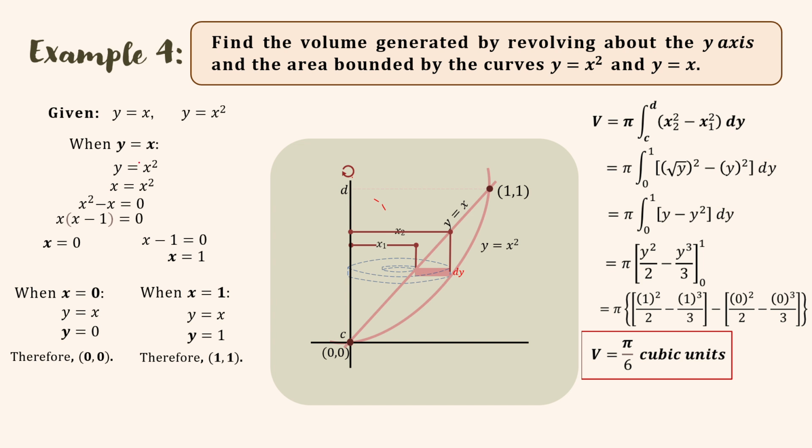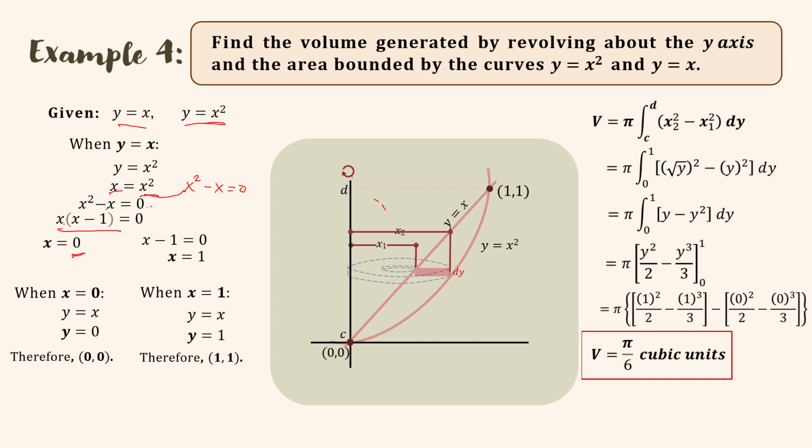So the first thing that we need to do is get the intersection. The intersection: y is equal to x and y is equal to x squared, so by comparison x is equal to x squared. Transpose this one, it becomes x squared minus x is equal to 0.